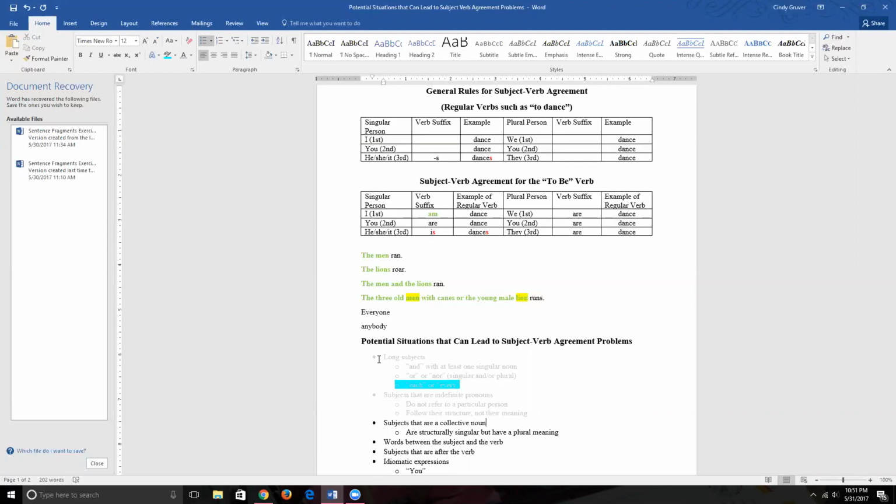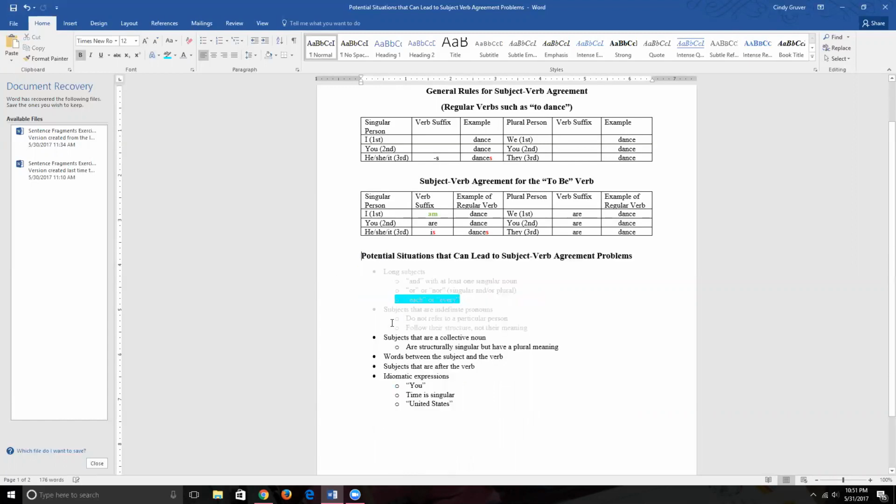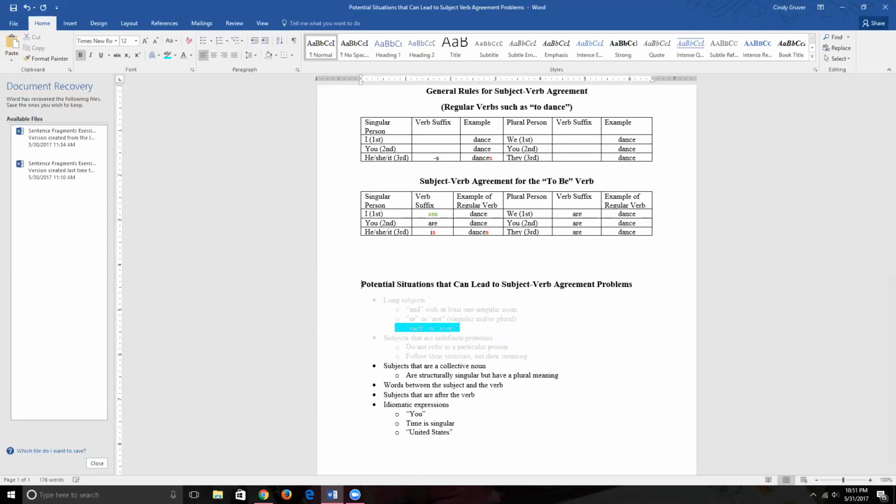In American English, when we have collective nouns, we follow the grammar, not the meaning. My understanding, and I've had different students tell me different things, is that British English more often follows the meaning than the grammar. Whether or not that is the case, in American English it clearly is the case that we follow the grammar, not the meaning.